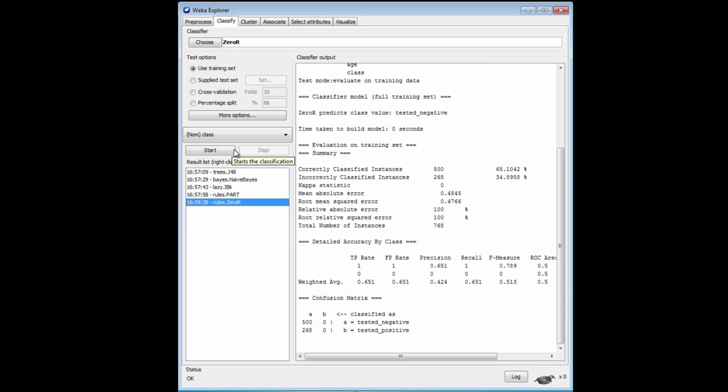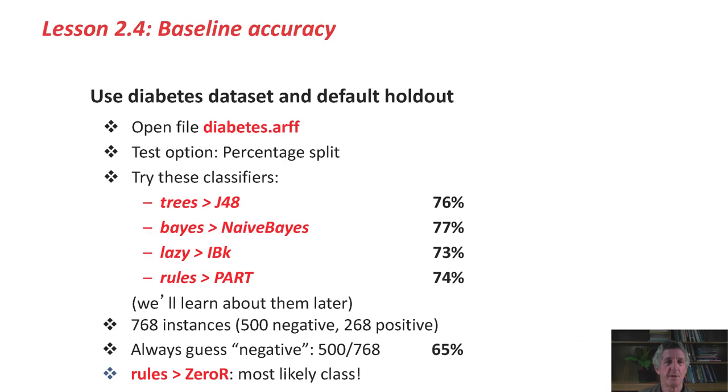It's okay to evaluate that on the training set because it's hardly using the training set at all to form the classifier. So that's what we would call the baseline. The baseline gives 65% accuracy, and J48 gives 76% accuracy. So it's significantly above the baseline, but not all that much above the baseline. So it's always good when you're looking at these figures to consider what the very simplest kind of classifier, the baseline classifier, would get you.